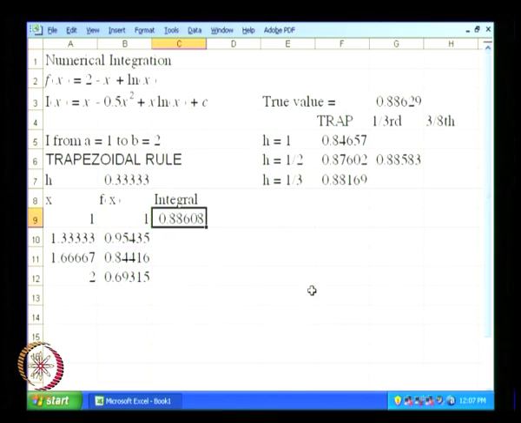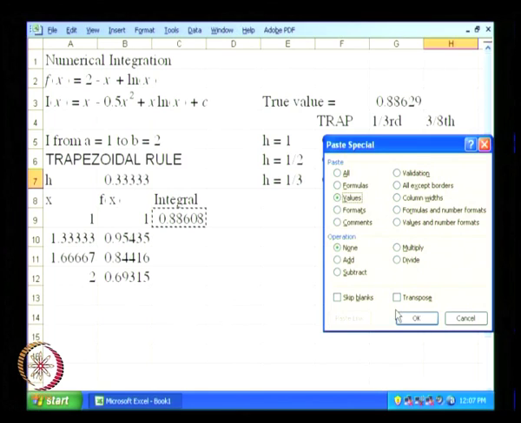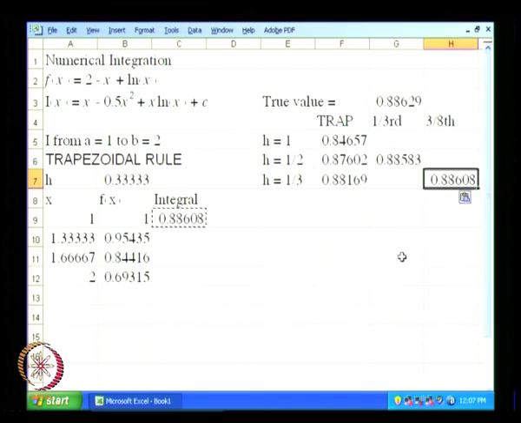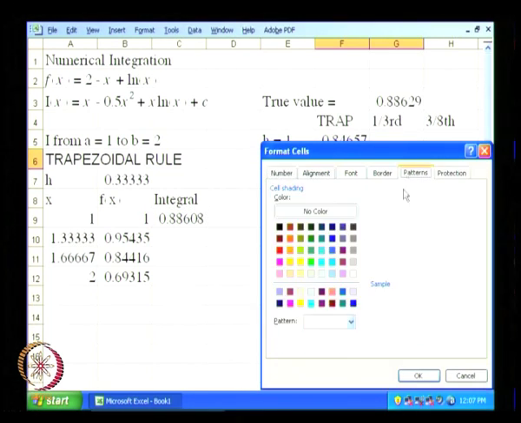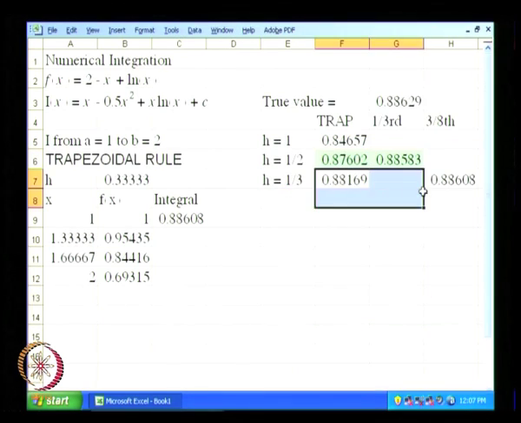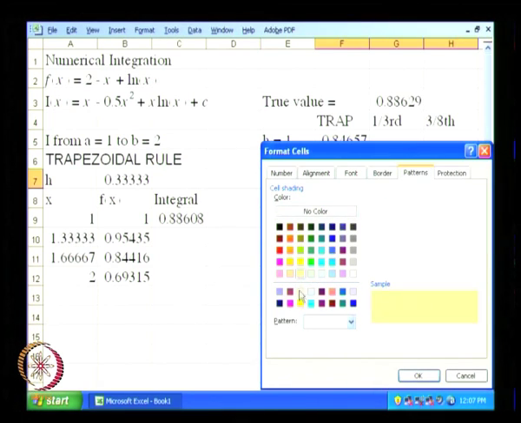Okay. And that is the value we get for the integral using the 3/8 rule. And this is what we are going to compare, so I will shade them with a different color.